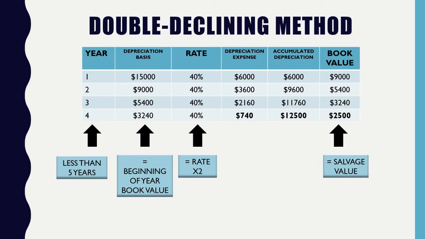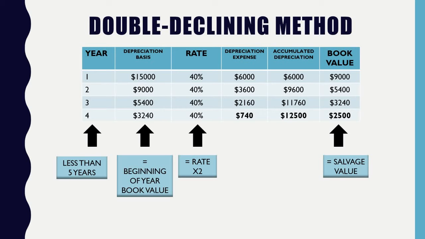So when you are using your fill handle tool, you just need to know that the only constant number that you'll have is going to be your rate. Your depreciation basis, your expense, and your book value are going to be the three most important things, because once again, you're using the asset life twice as much as normal.